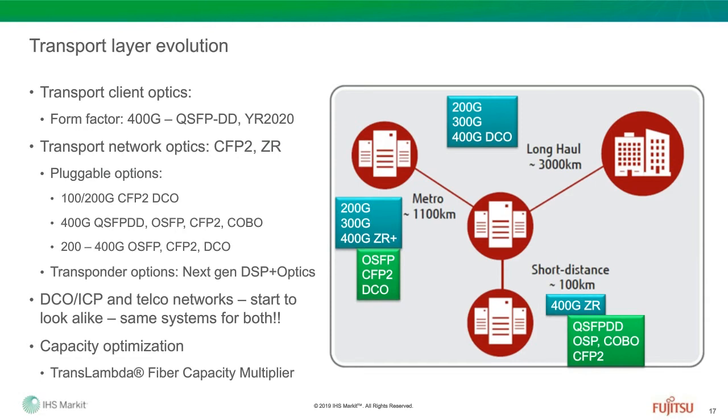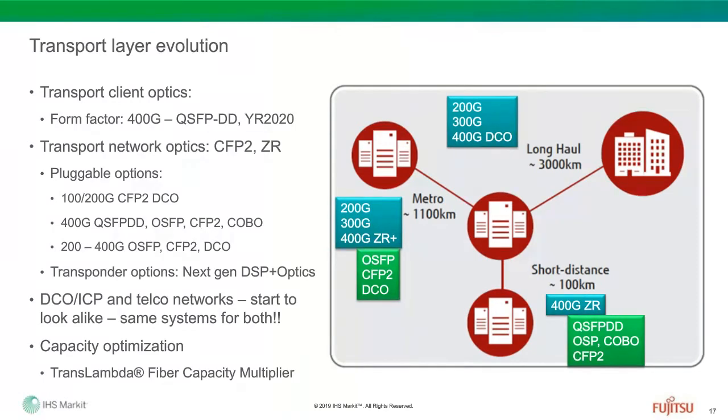I have more detail in the next slides. Just like MUX, DMUX, amplifier and other functions, translambda would become a key building block of future line system architecture. So I will hand over to Sophie to discuss emerging interfaces for the data center.